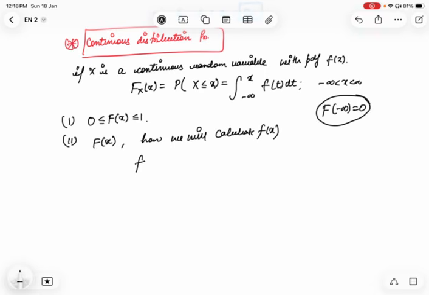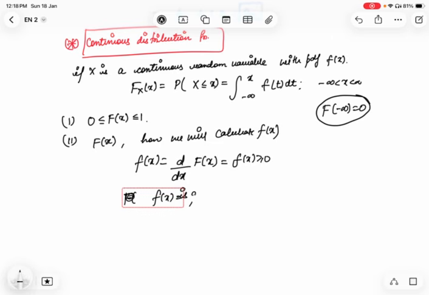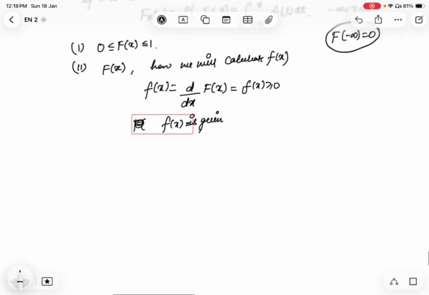For f(x), take the differentiation of F(x). And when f(x) is given, the cumulative distribution function is the integration of f(x) dx.